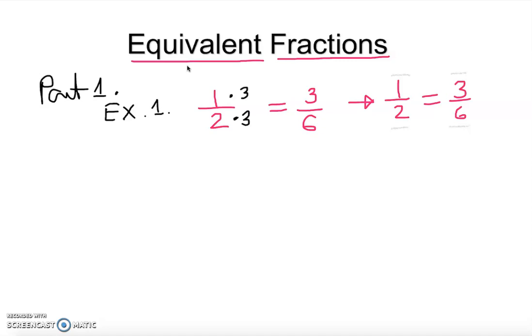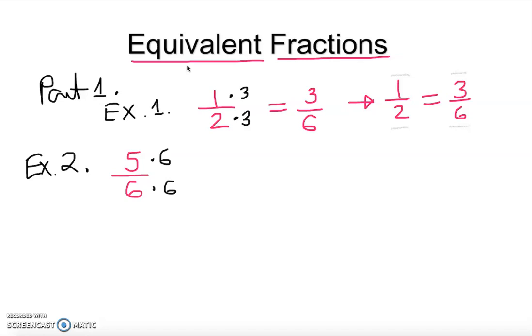Okay, let's have example 2. This time I'm going to have 5/6, and I'm going to create an equivalent fraction. Again, in your mind, what number comes up? Maybe 6. Multiply by 6 on top, multiply by 6 on the bottom.